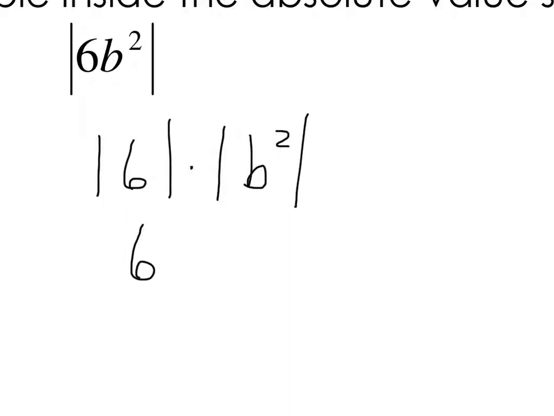So if you square a positive number, you get a positive number. If you square a negative number, you get a positive number. If you square 0, you get 0. So the absolute value of b squared is always going to be greater than or equal to 0. So the absolute value is not really doing anything. We can change that to just 6b squared.